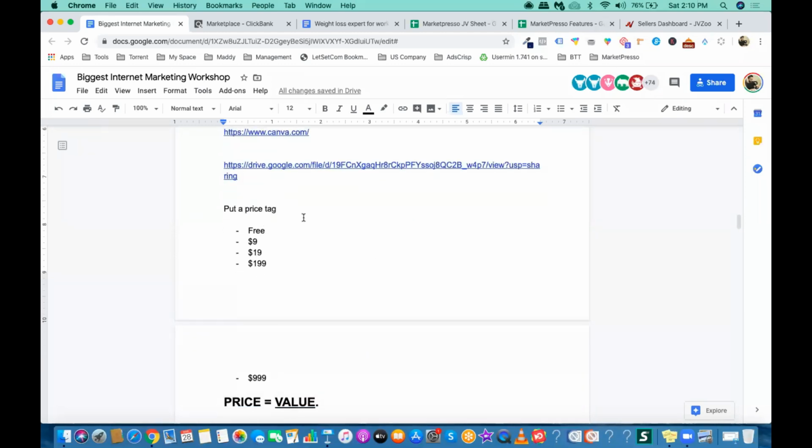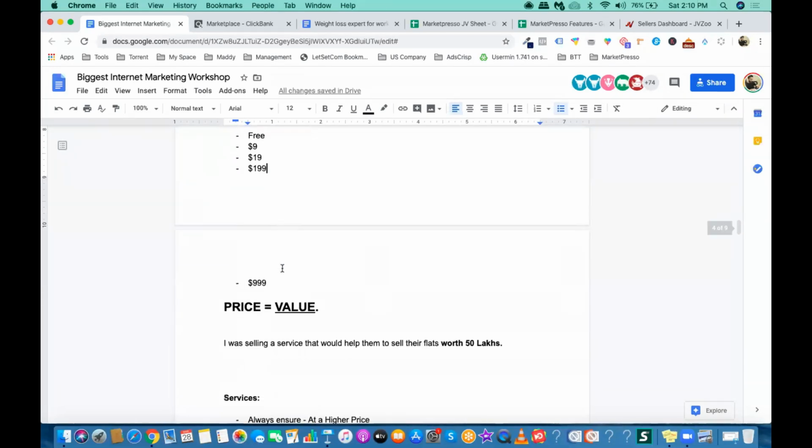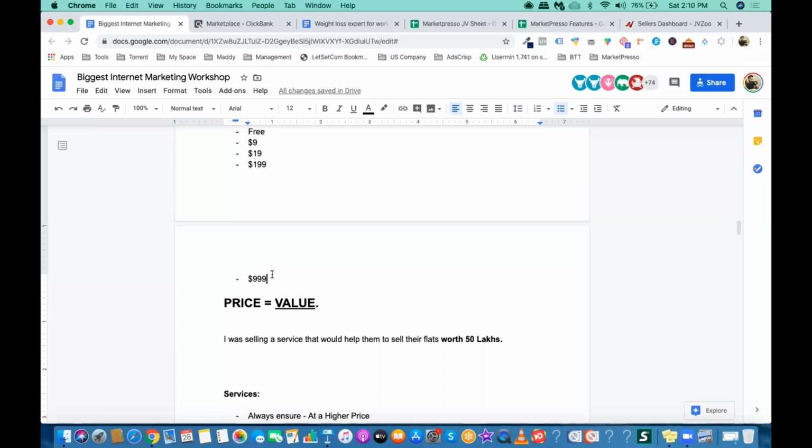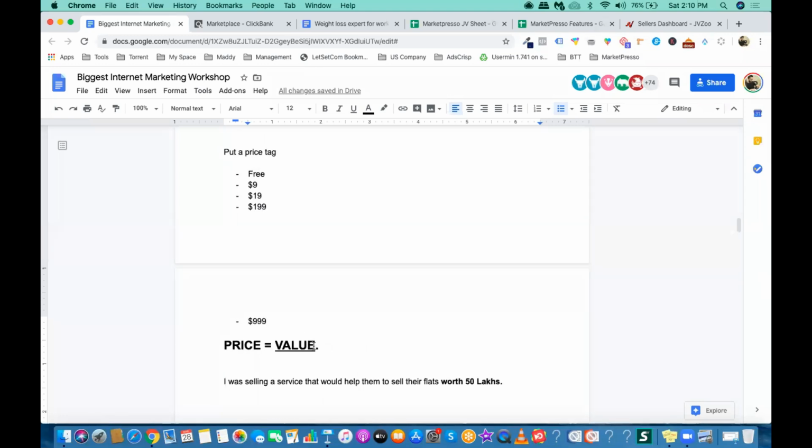Once we did that, we thought that let's assign a price tag to the product. So we thought of assigning a price tag which would be free, $9, $19, $199, $999. And the conclusion that we came to was that pricing does not matter, value matters.